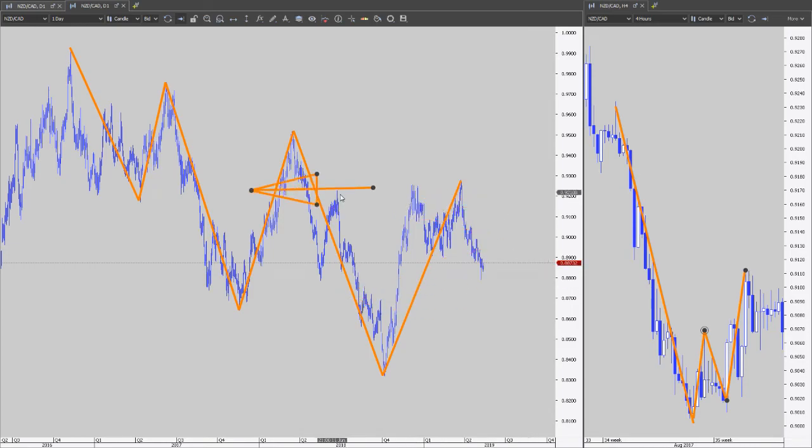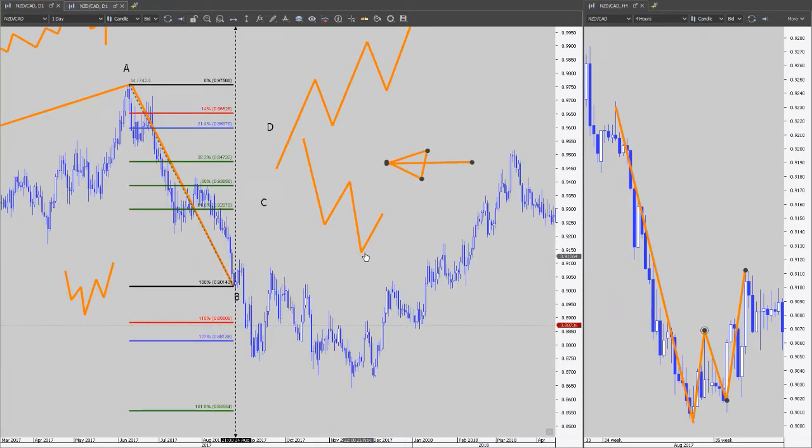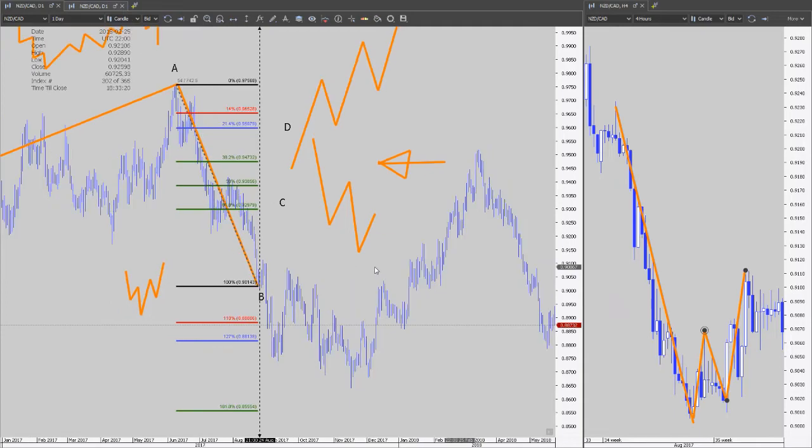And here you have crown, crown, crown, crown, crown, crown. Remember, the market cannot wave without the crown, and you are not going to see the crowns on the higher time frame. You are going to see the crowns on the smaller time frame.